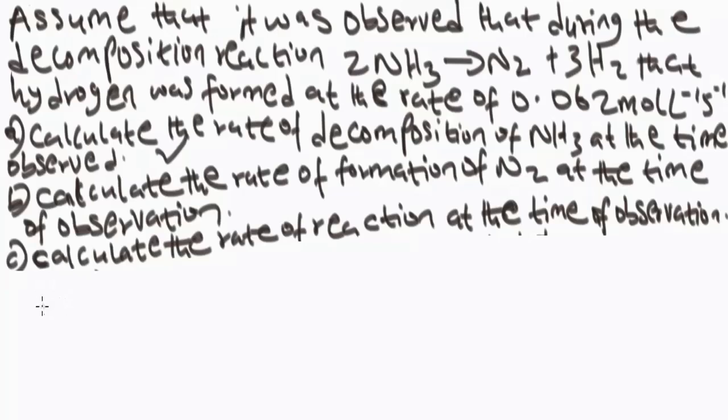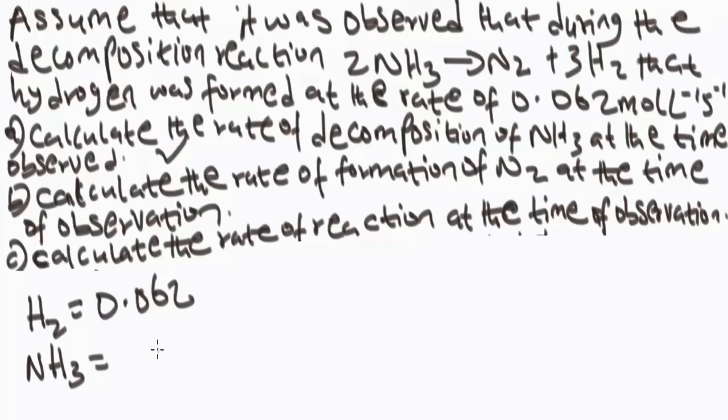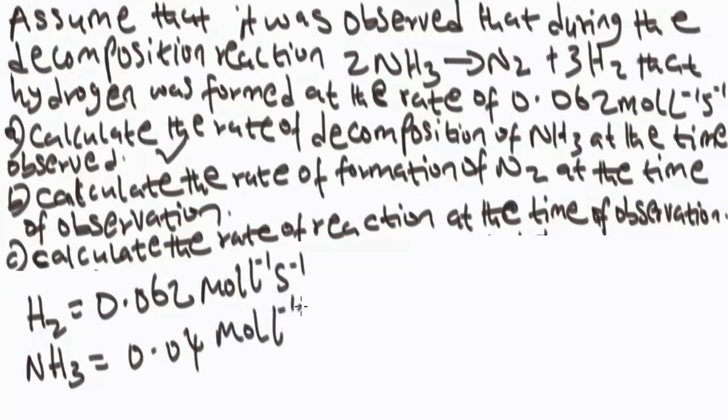So remember the rates we have: for hydrogen gas, I have 0.062, and that of ammonia, we got 0.04, the unit being mole per length per second, and that of nitrogen gas, we got 0.02 mole per length per second.